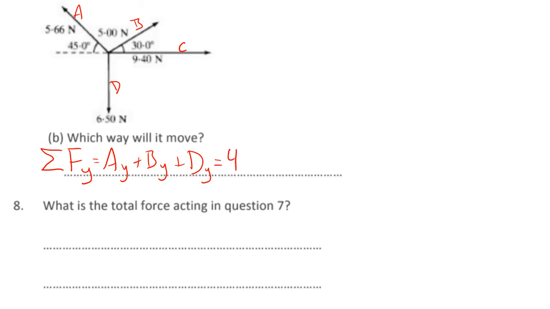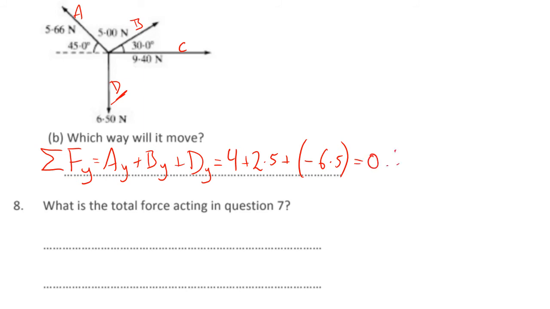So I'm going to say 4, which was A sub y, plus 2.5, which was B sub y, plus, and then a negative because part D, this guy here, is a downwards vector. So minus 6.5. And what you'll find is if you add 4 and 2.5, and then take away 6.5, it equals 0.